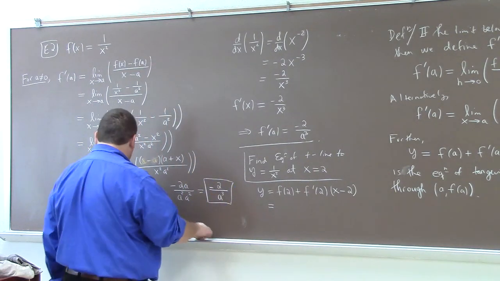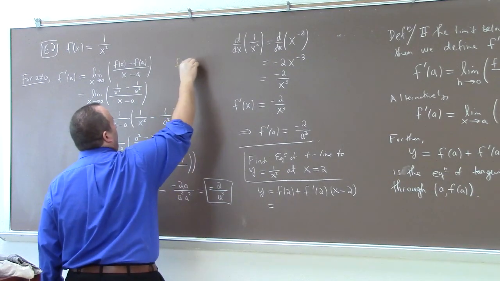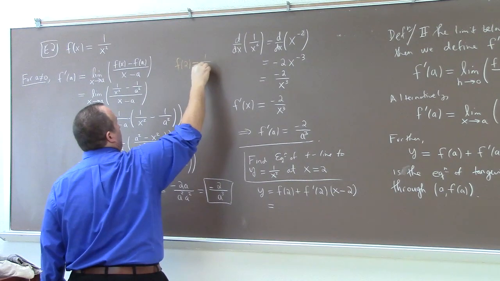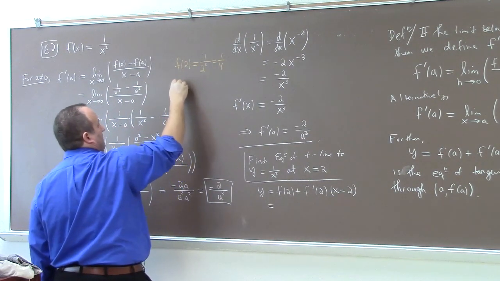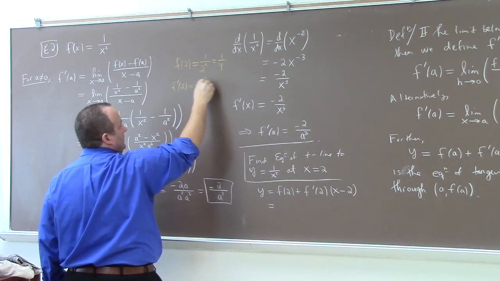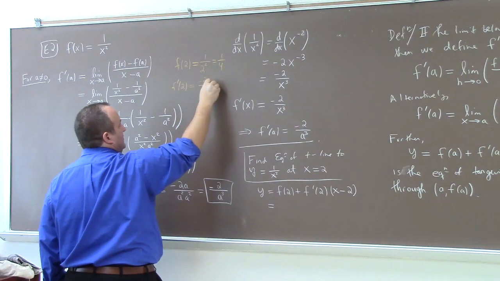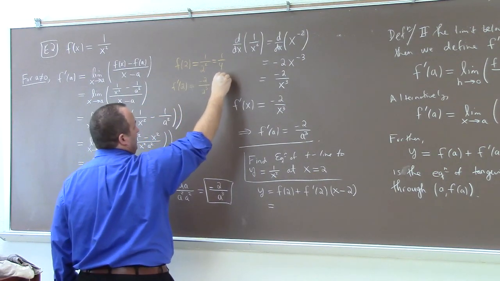I'll do it in a different color out here somewhere. f of 2, 1 over 2 squared, that's 1/4, right? f prime of 2 is minus 2 over 2 cubed, which is what? It looks like minus 1/4, isn't it?